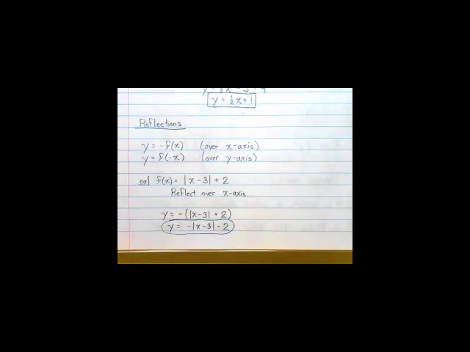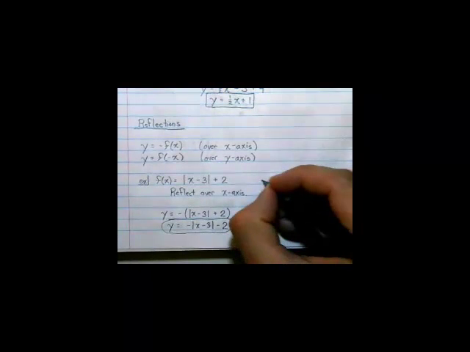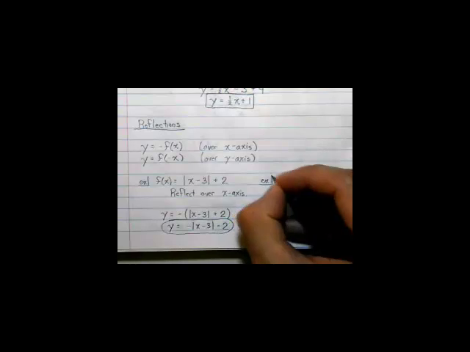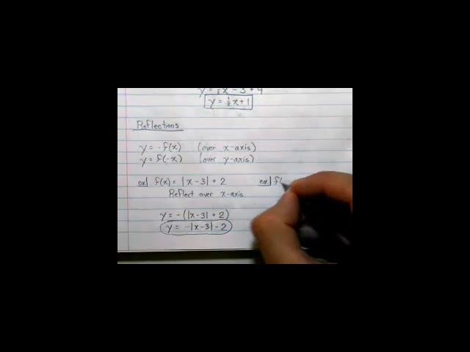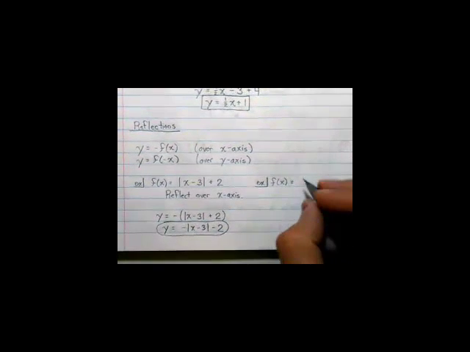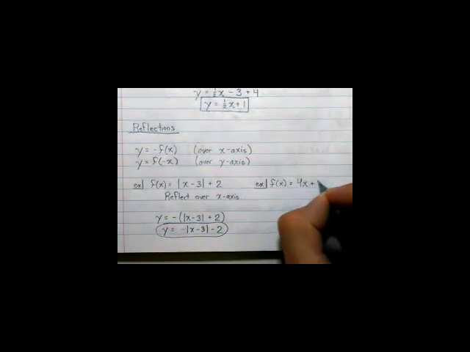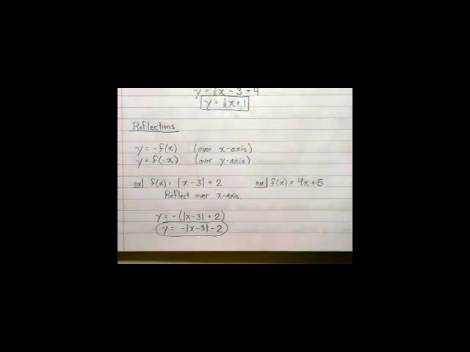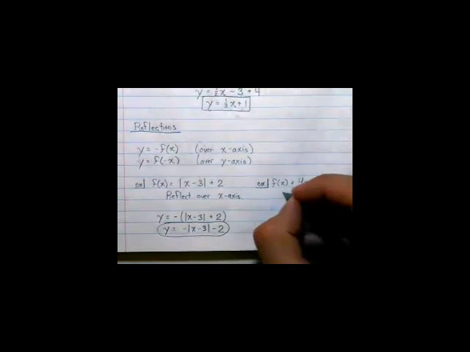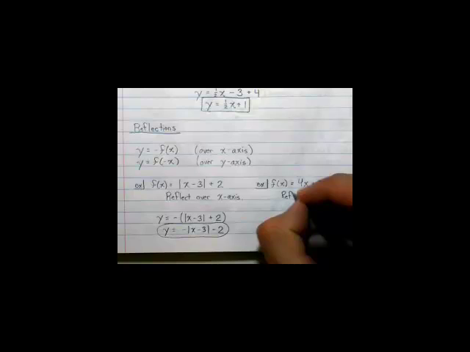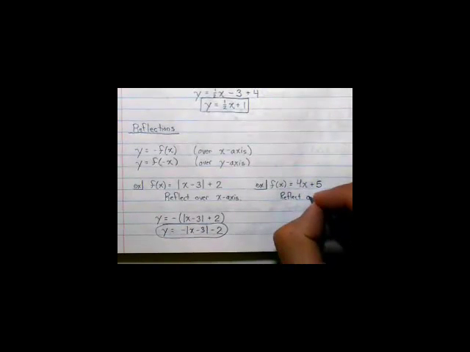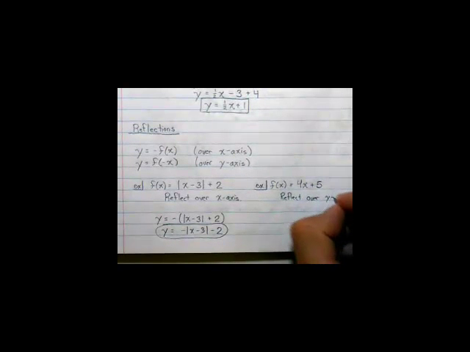All right, let's try one where we do it over the y-axis and show you what that looks like real quick here. So we'll go back and do a linear function here. Let's say we've got 4x plus 5. And I want to reflect over the y-axis.